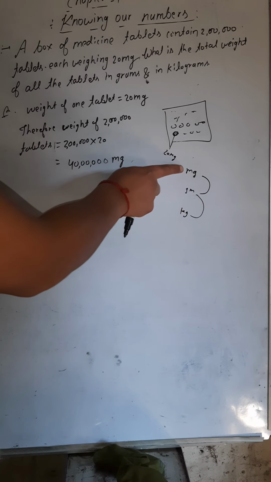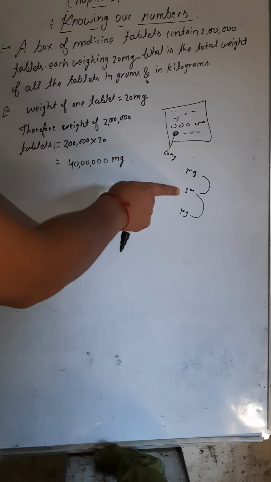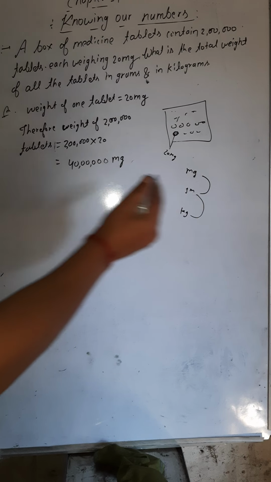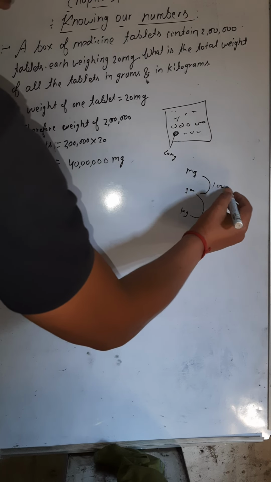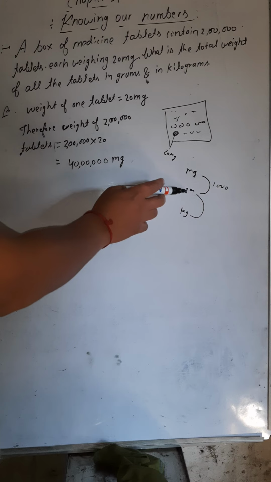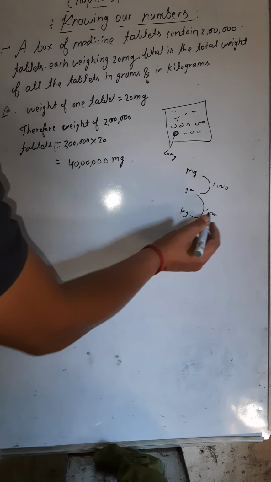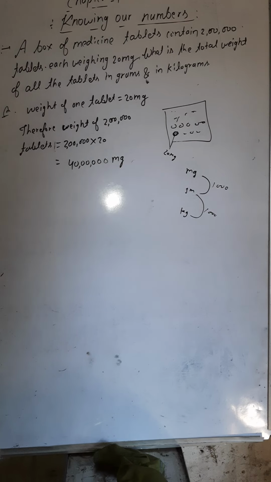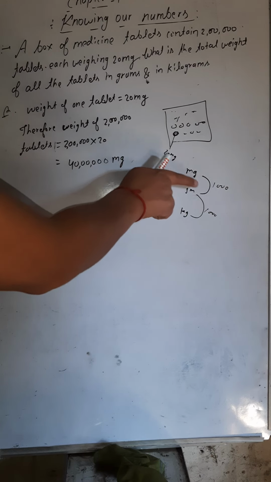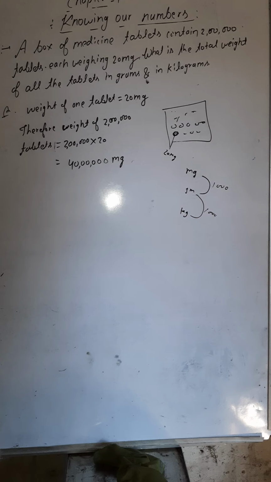In 1 gram there are 1000 milligram, so you are going to divide by 1000 here. Then whatever answer comes, you will again divide it by 1000, because in 1 kilogram there are 1000 gram.